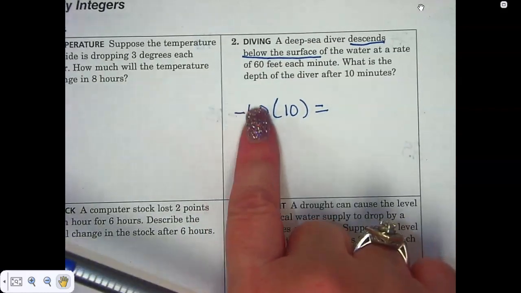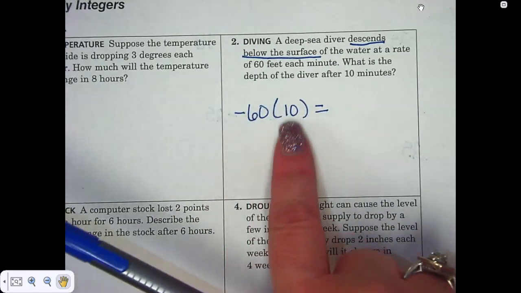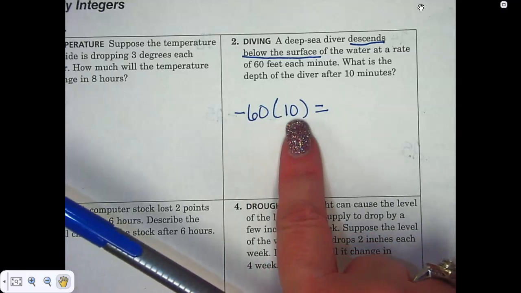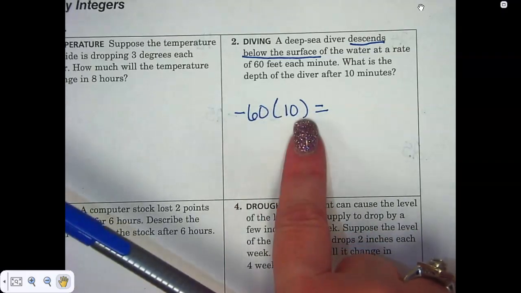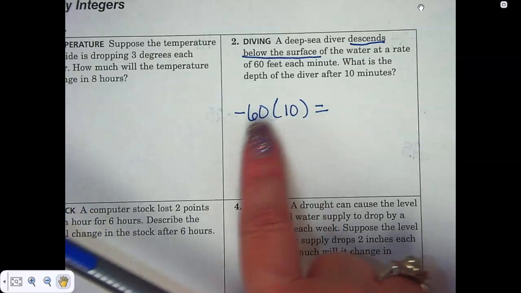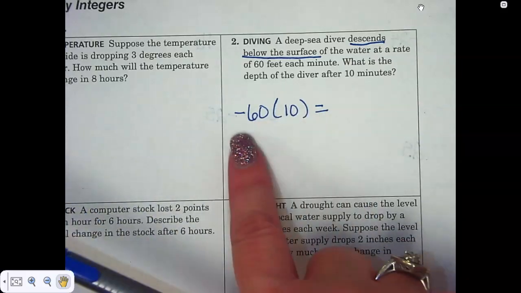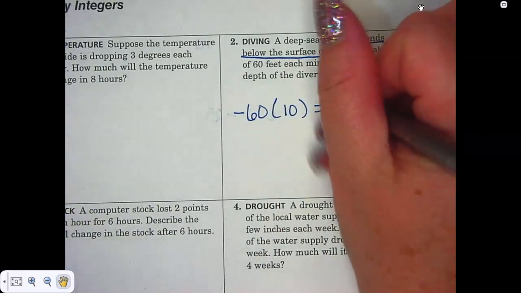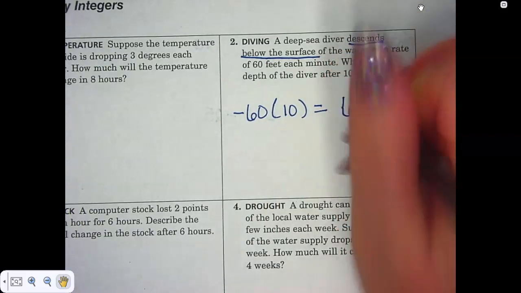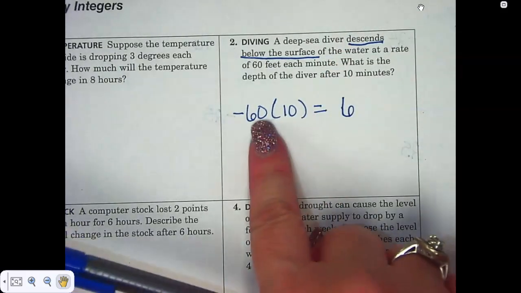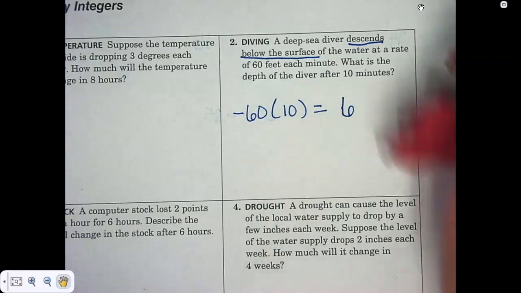Negative 60, that's the 60 feet we're descending, times 10 minutes, because it's 60 feet per minute. And mental math, what's 6 times 1? 6. And then how many zeros do I move over? 1 here and 1 here, so that's 2.